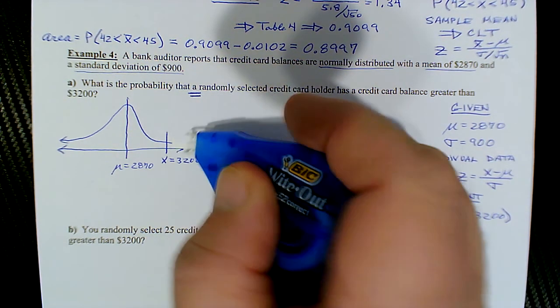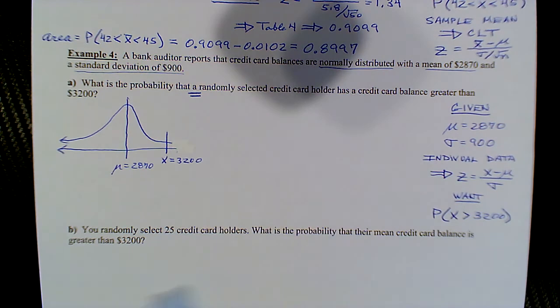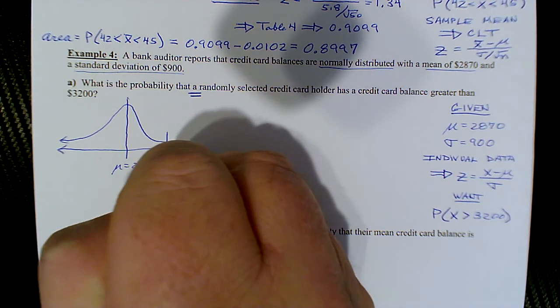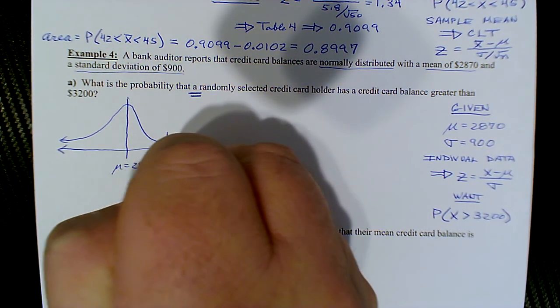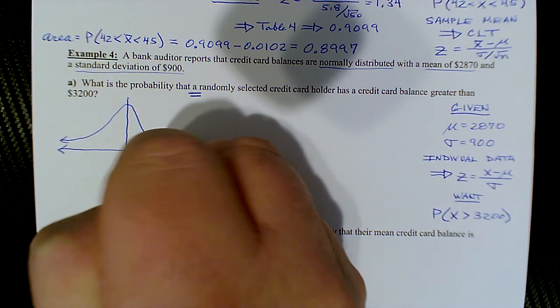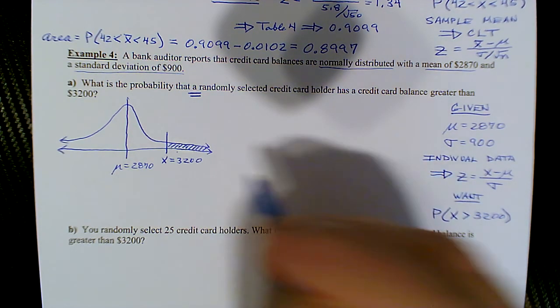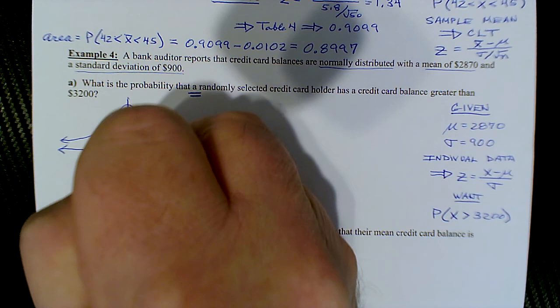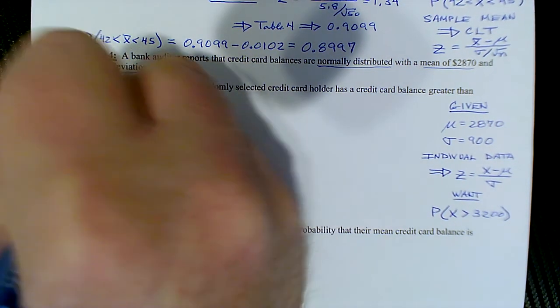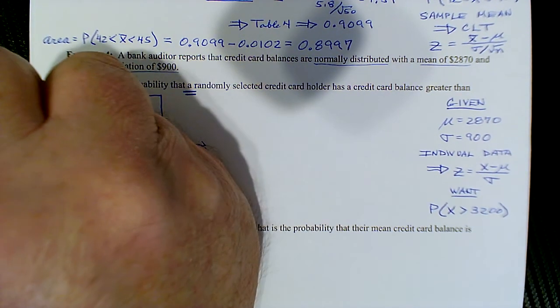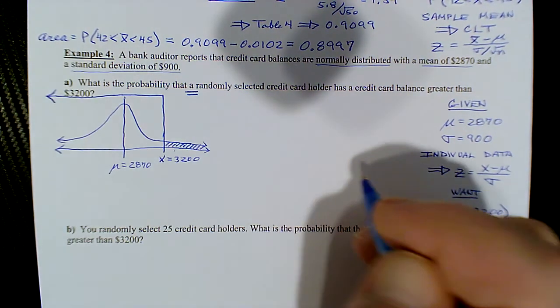So let me extend these a little bit more so we can see it. We want everything in the tail. Everything greater than that 3,200. Now what we're going to need to do is find this area, or this probability.